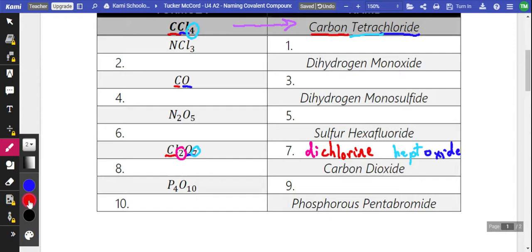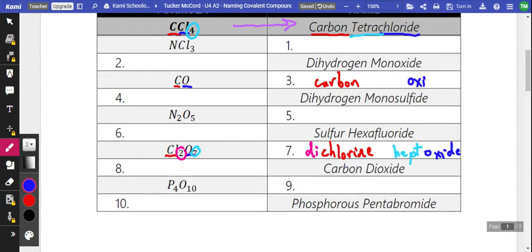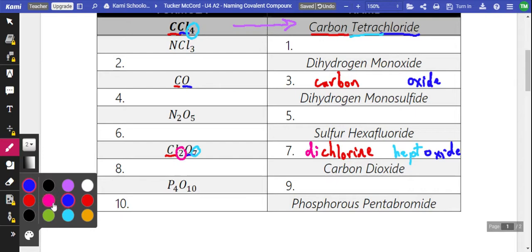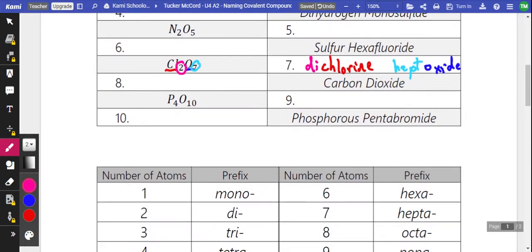The base of this name is going to be carbon for my first element, and oxygen becomes oxide for the second part. Then I look at my prefixes, and since there's just 1 C here and just 1 O here, I need a prefix for 1, which would be mono.